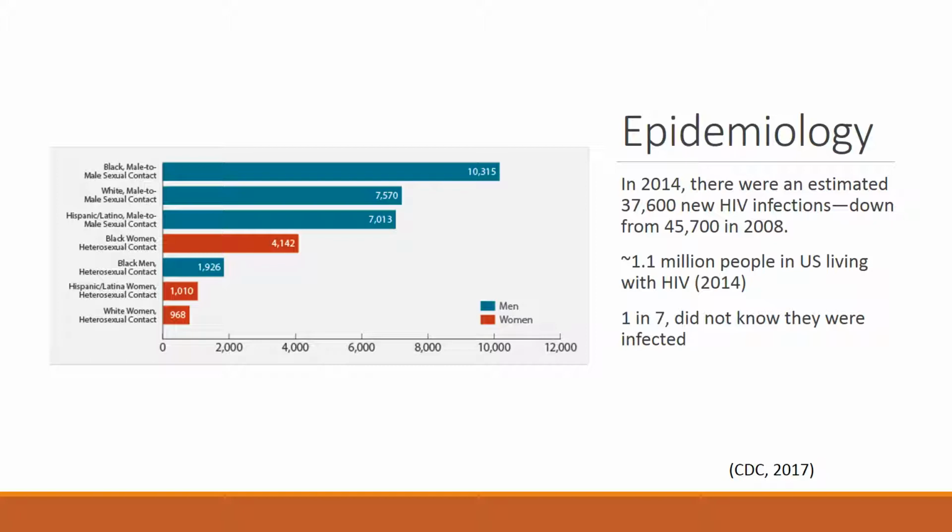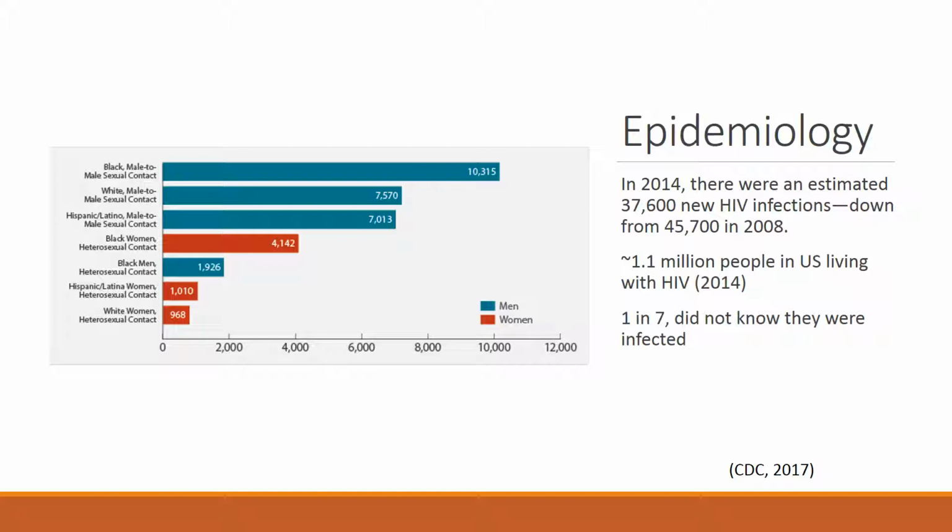So let's look at the risks and who is the highest risk here, the highest incidence. So we see Black men who have sex with other men is the highest incidence in the United States. And overall, men who have sex with men is the highest. And we'll talk a little bit about why.